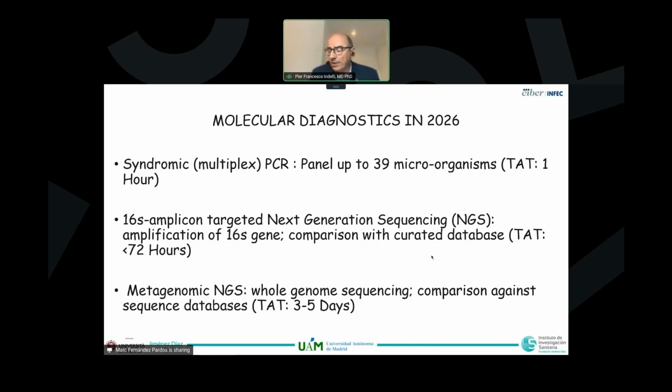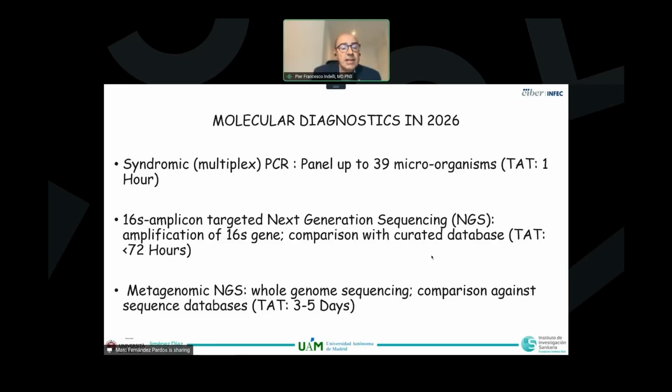I don't talk about the homemade PCR technique, but this is something that is commercially available to everyone worldwide. There is the syndromic multiplex PCR JI panel, a panel with up to 39 microorganisms. Very important information here: the turnaround time is about 1 hour.